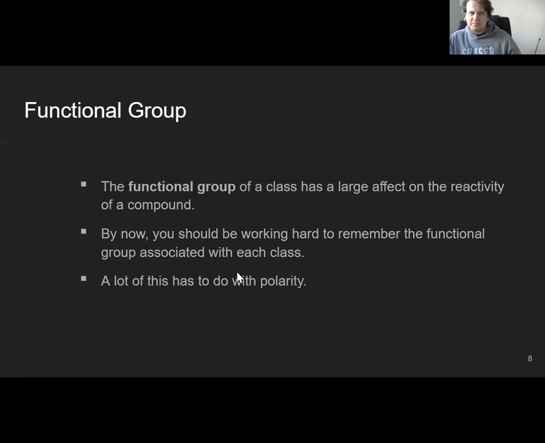And if you remember, what I've been saying this entire time is the intermolecular forces determine everything. Just trying to cover the bottom. Okay. And it's all to do with the polarity of the molecules.